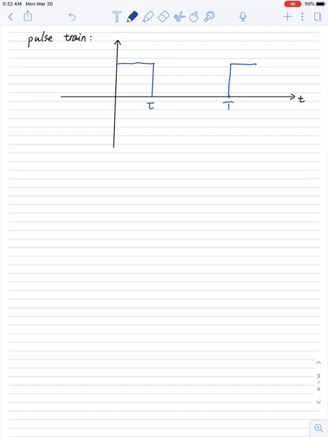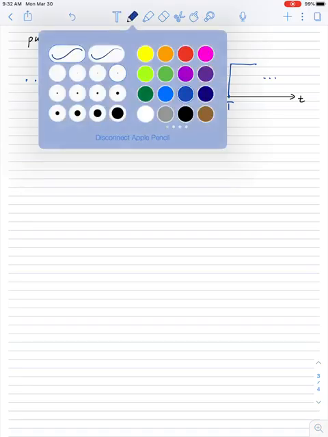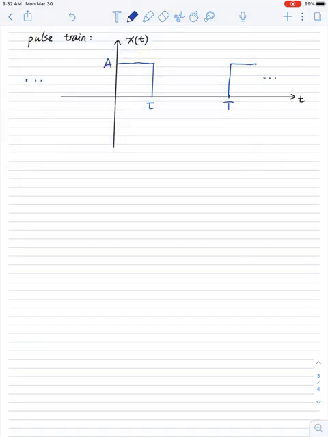And for the next period, we will have another pulse. This signal looks like this. So this is a signal xt, and the amplitude of the signal is A.